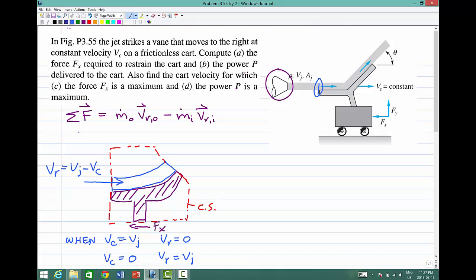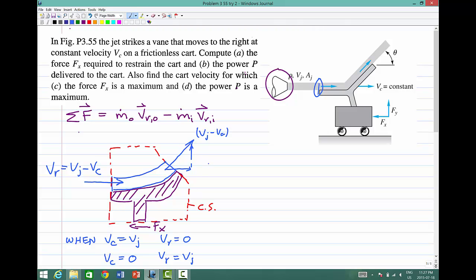Now, as we discussed in the previous example with the fixed vane, we're neglecting the viscous shear, the drag, if you like, of the vane on the fluid. So the fluid here actually leaves at the same magnitude of velocity, so V jet minus Vc. That vector can be resolved into an x component and a y component.